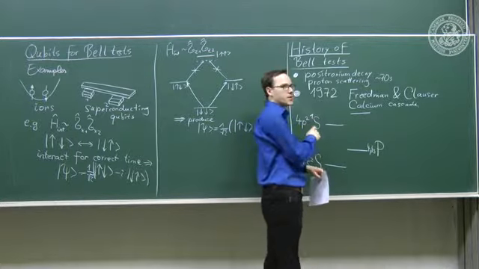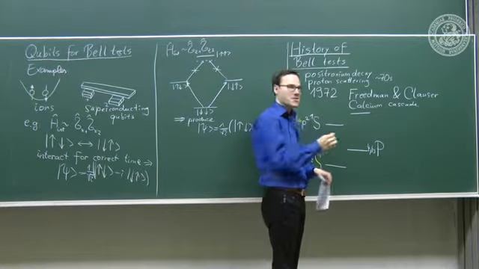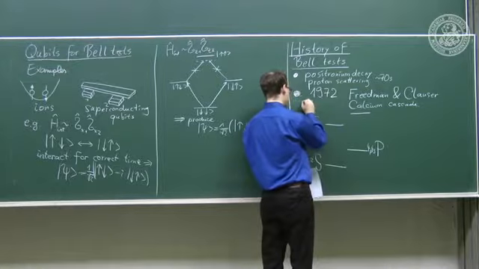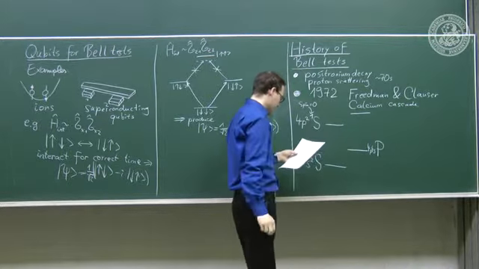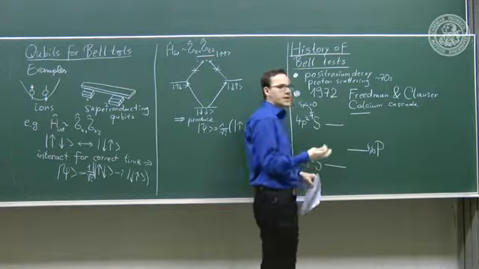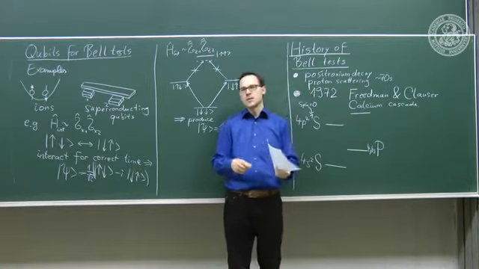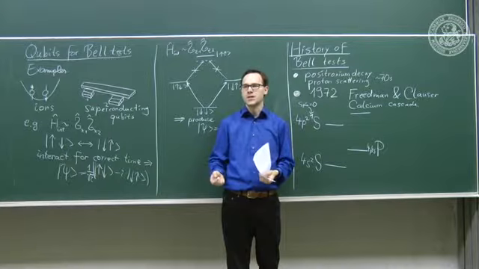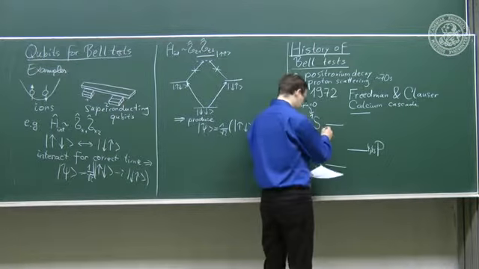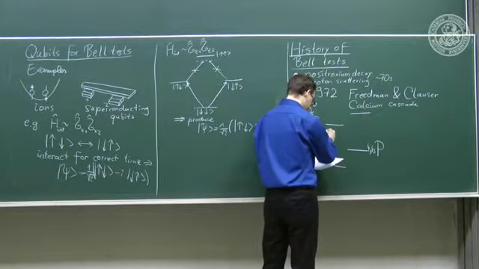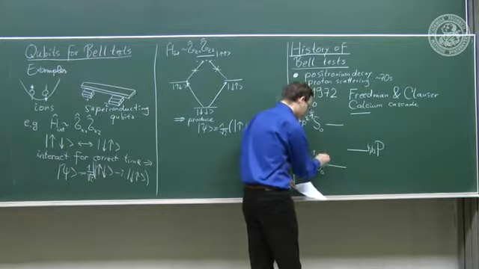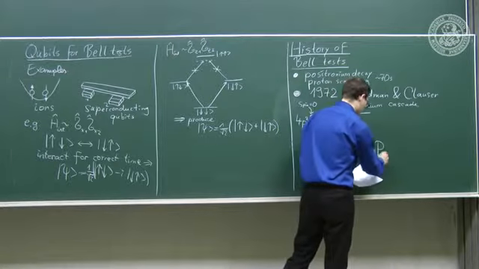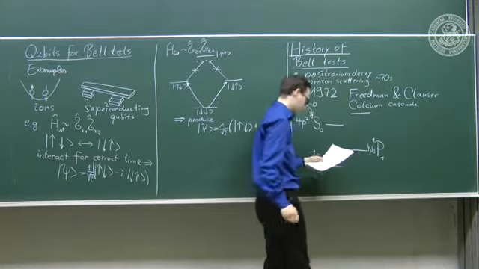Which means if 2s plus 1 is 1, the total spin is 0. And they also indicate the total angular momentum, that is how spin and orbital angular momentum combine into total angular momentum. And that would be 0 here, 0 down here, and 1 here.